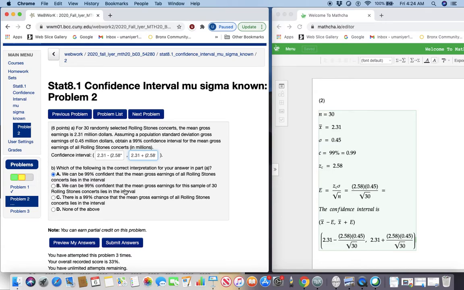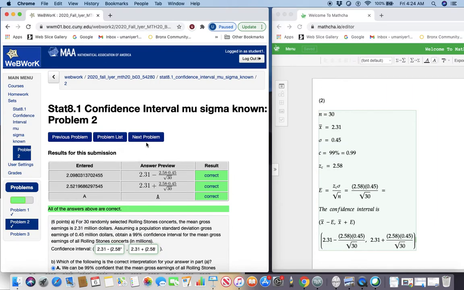Now, this sounds very similar, but notice the difference: of all the concerts, you're looking for the mean gross, as opposed to the mean of this sample. Notice it helps to keep the expression in, because look how much it would approximate.